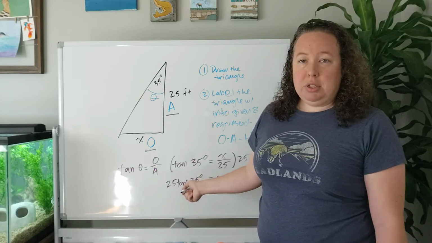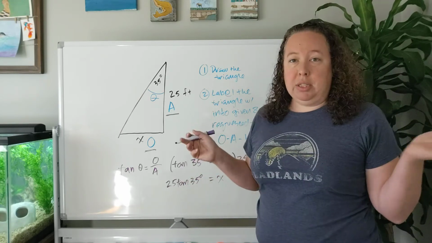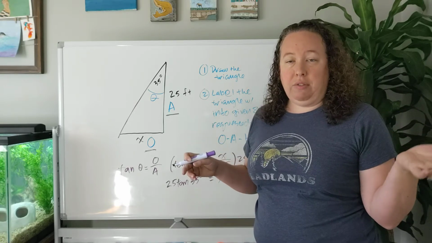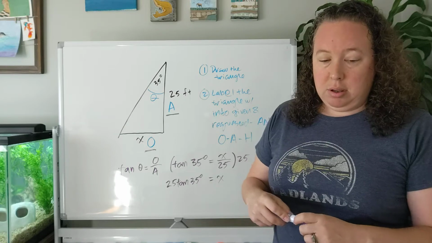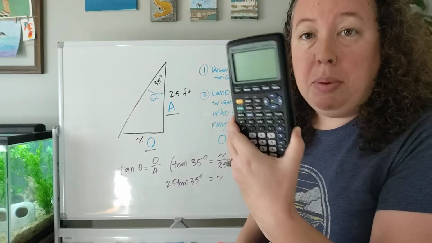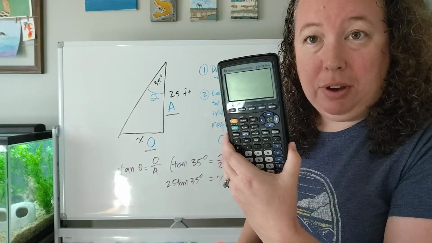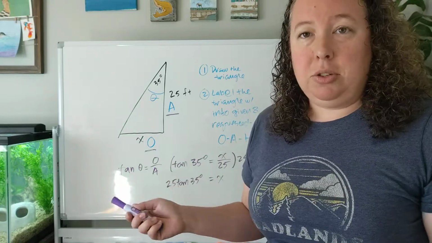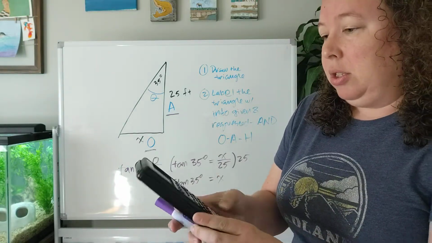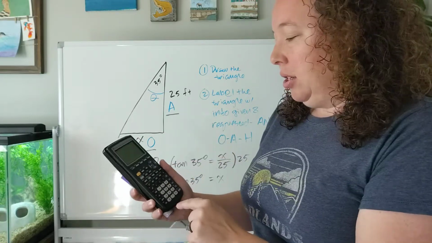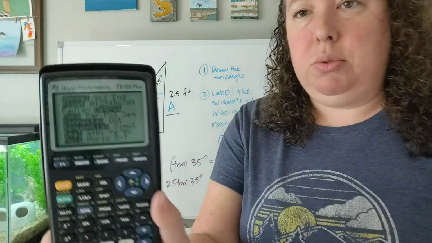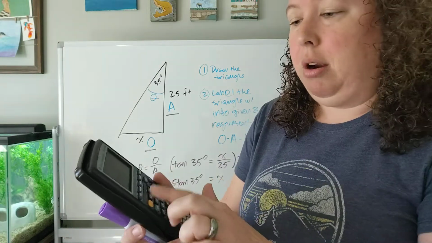Okay, now, is 35 degrees one of the usual suspects? No. It's not 30, it's not 60, it's not 45. I don't know what the tangent of 35 degrees is. But my calculator knows what the tangent of 35 degrees is. And are we allowed to use our calculators? Yes, we are. So, in order to solve this one then, we just type that into the calculator. First we check our mode. We check to see are we in degree mode? Yes, we are.